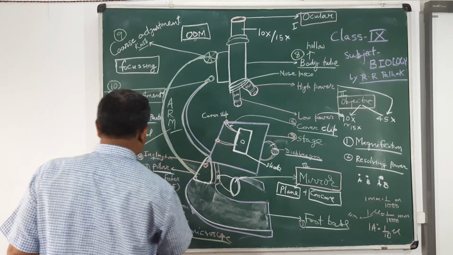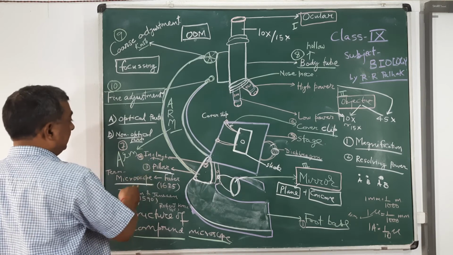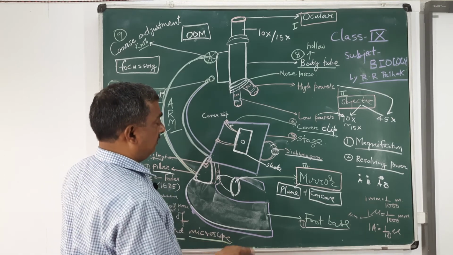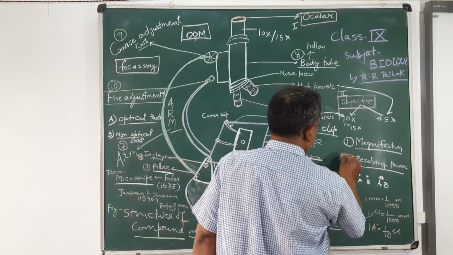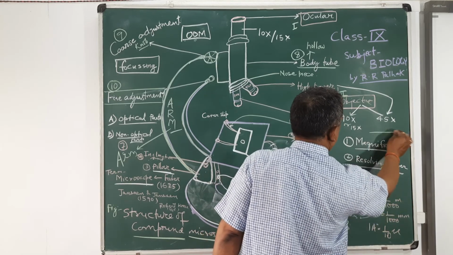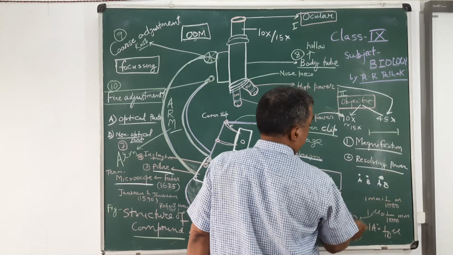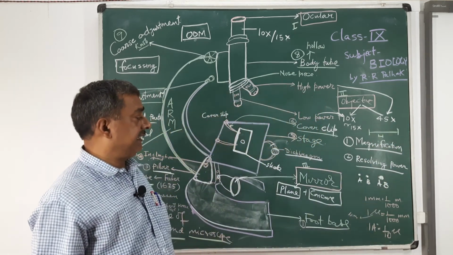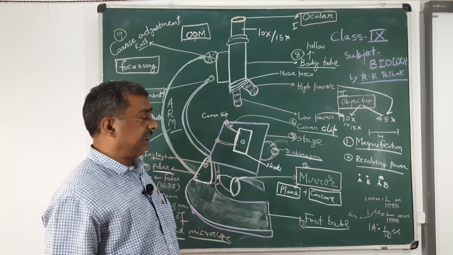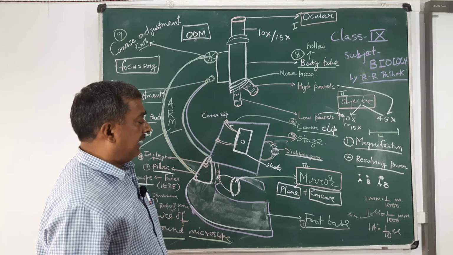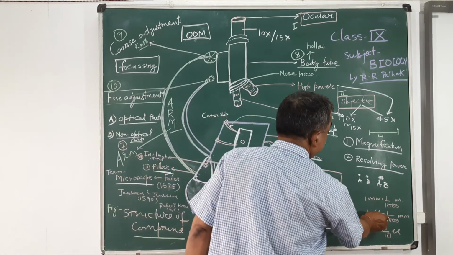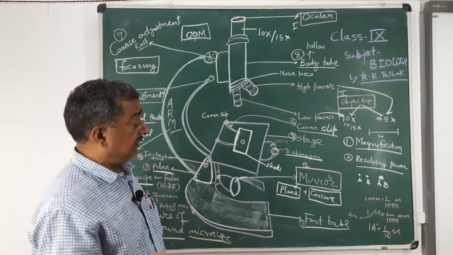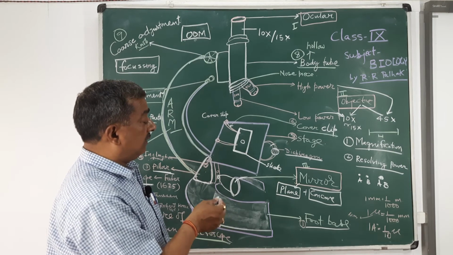The compound microscope is very essential in the lab to study very small objects. For example, if an object is 1 meter in length, you can see it very well, and 1 millimeter you can also see well. But it is very difficult to see objects of 1 micron, or millimicron.